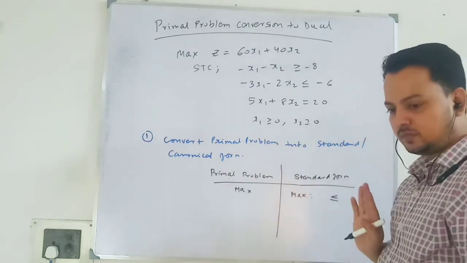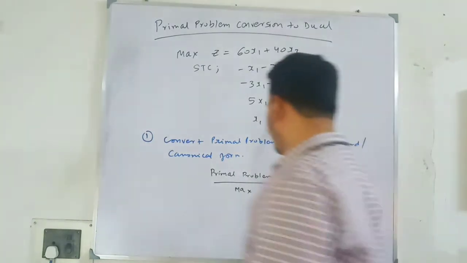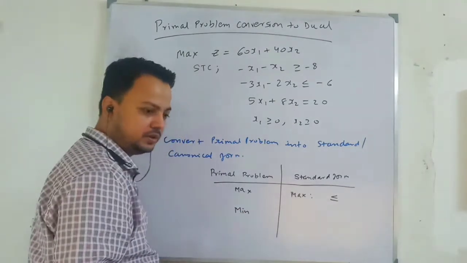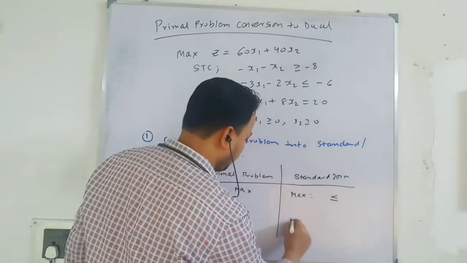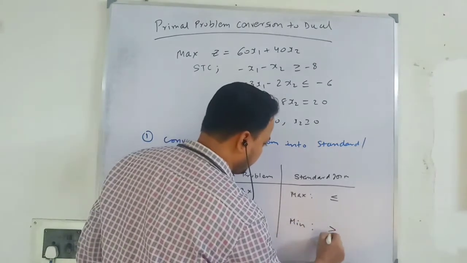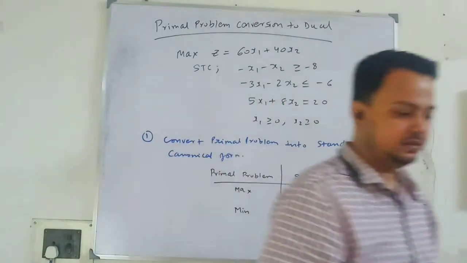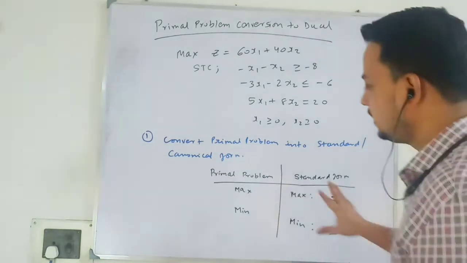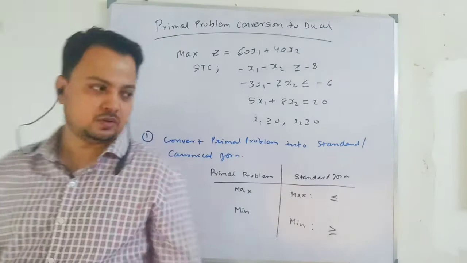If you have a minimization problem, you have to make the constraints greater than or equal to sign.